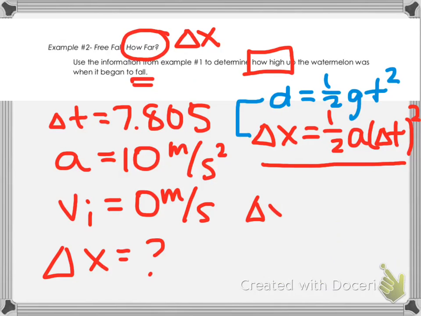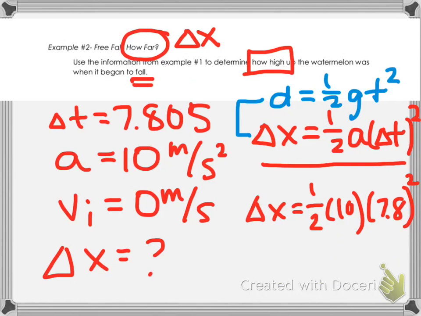We're going to plug in our numbers. So we're going to plug in 1/2 times 10 times 7.8 squared. Now please make sure that you do the 7.8 squared part first. That is where our most common errors are for these types of problems.